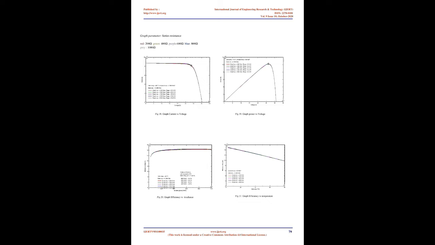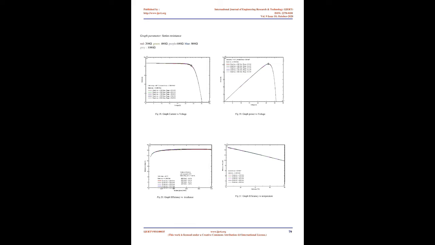This has only weak influence on the module behavior. When not known, it can be taken as about 0.05%/°C. These are the two main parameters of the one diode model.